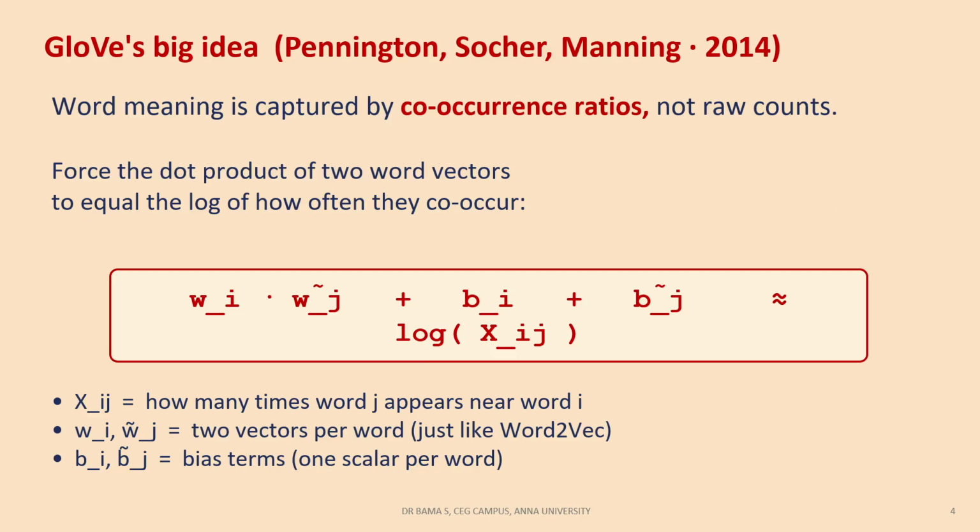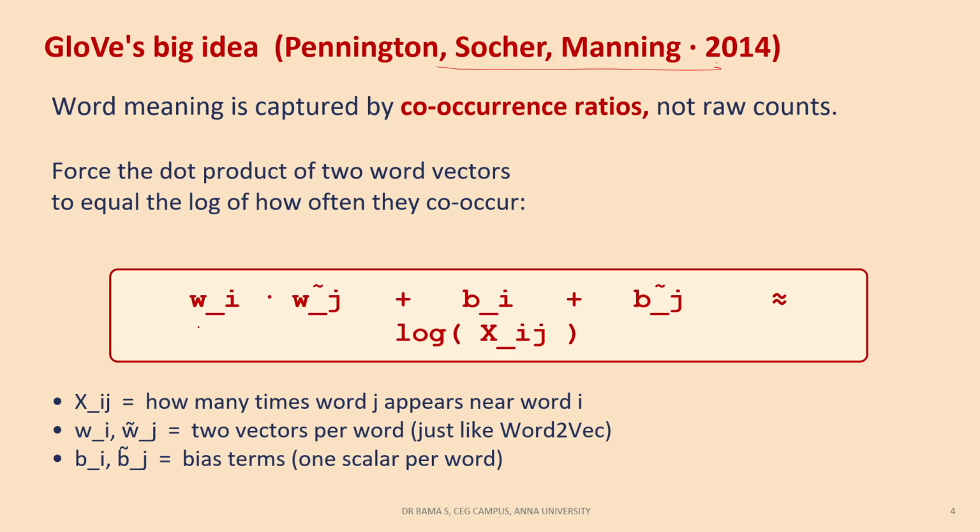How it computes is with respect to a paper in 2014 by the authors Pennington, Socher and Manning, and this goes generally by this formula. We have wi, which is the weight vector of that particular word, and wj is the context vector.